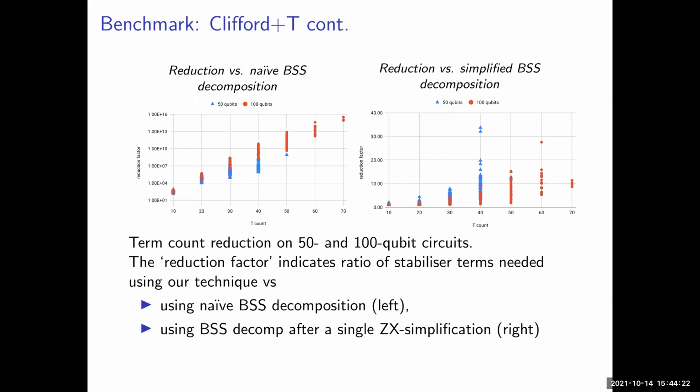So what tends to happen here is that we chop off the simulation at 5 minutes. At that point we just stop and say that it failed. As the circuits get bigger and bigger, the ones with large numbers of terms just won't finish before the cutoff.